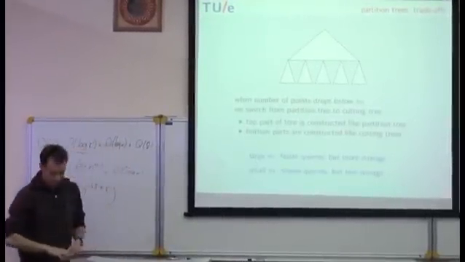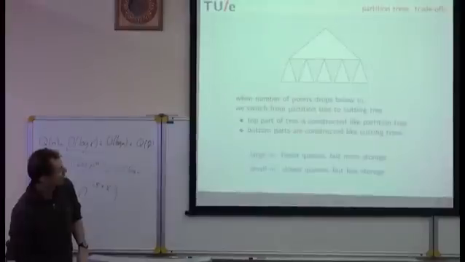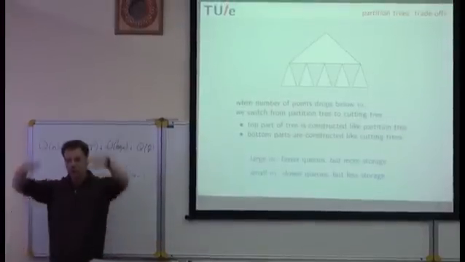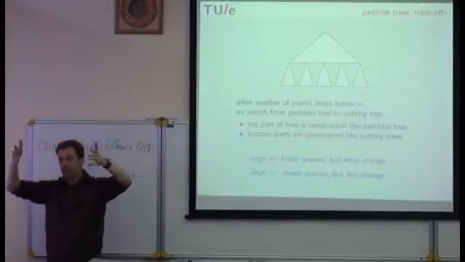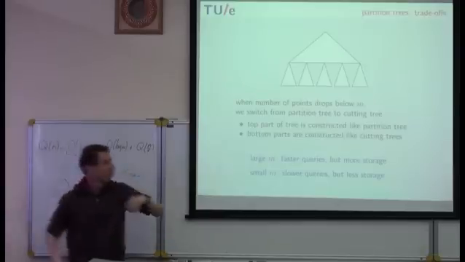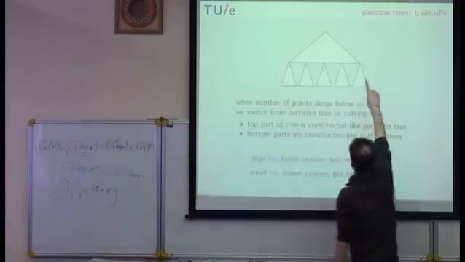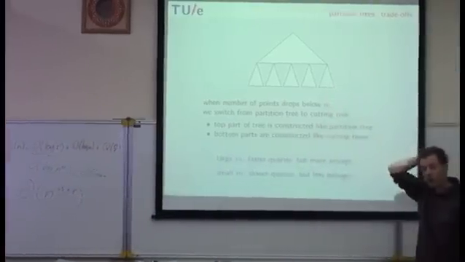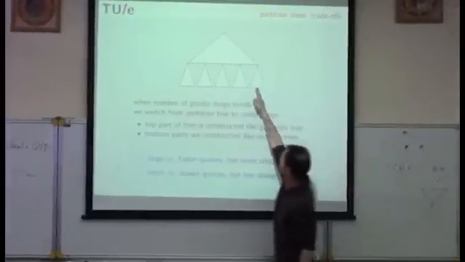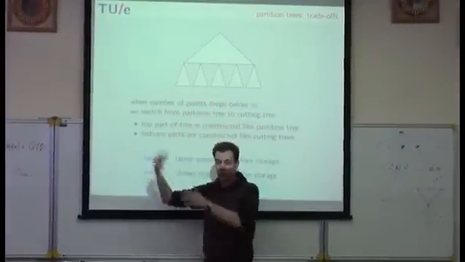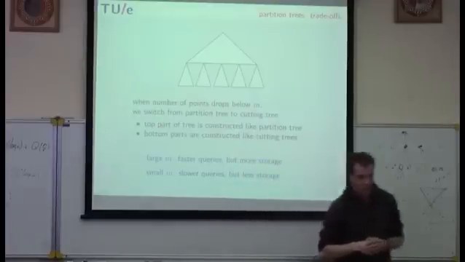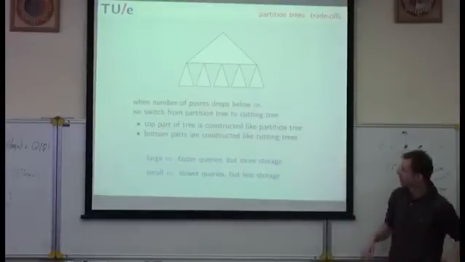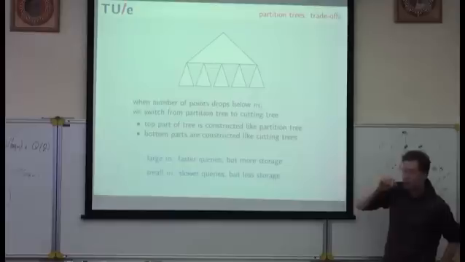So a different way to think about it is that the highest levels of my tree are simply going to behave as partition trees, but at some point, let's say at this level, when the number of points is m, then these things are going to be cutting trees in dual space. What is the number of cutting trees?